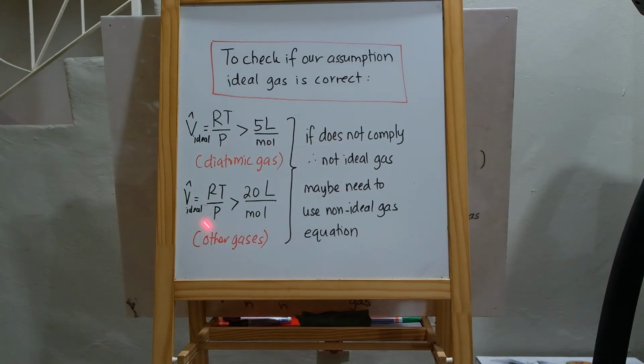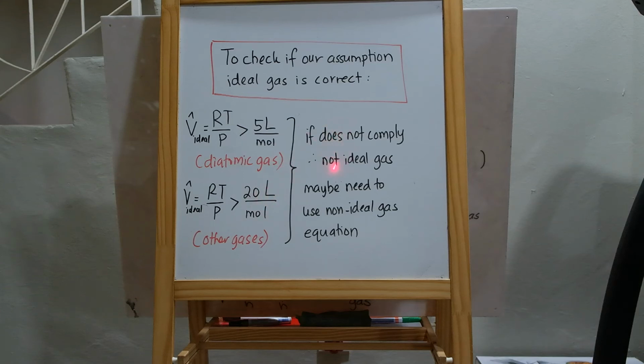For other gases, you have to use V-hat ideal equals RT over P greater than 20 liters per mole. If the ratio is greater than 5 liters per mole for diatomic gases, or greater than 20 liters per mole for other gases, it means it is an ideal gas.